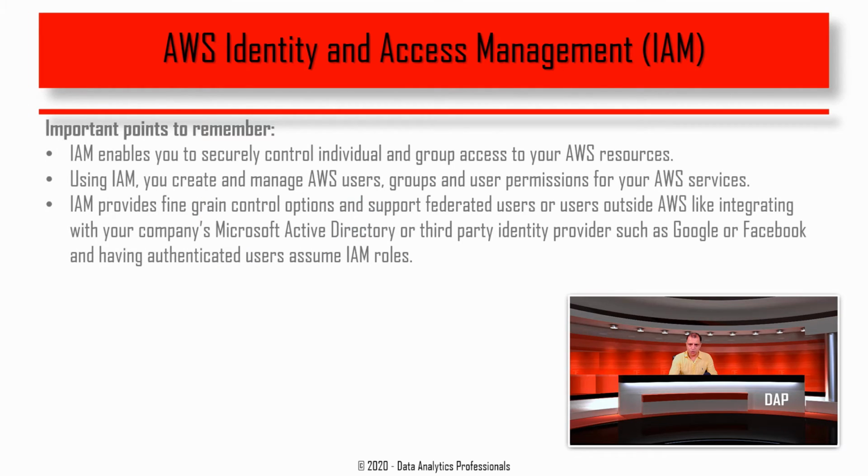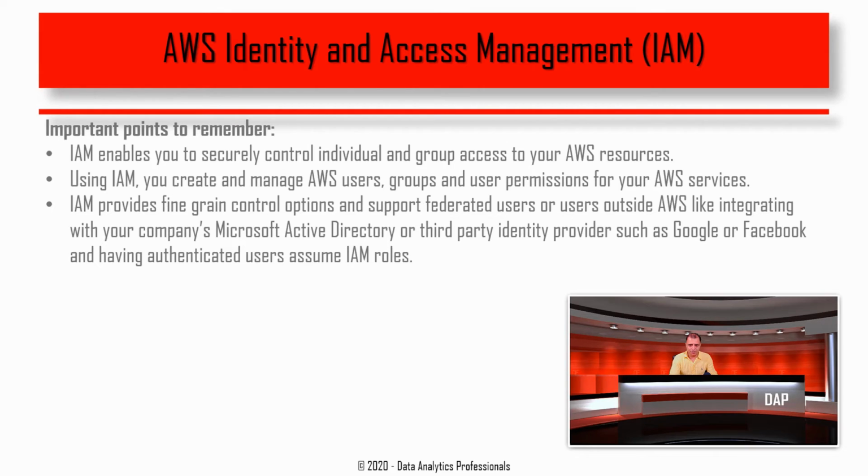Now, important points to remember: IAM enables you to securely control individual and group access to your AWS resources. Using IAM, you create and manage AWS users, groups, and user permissions for your AWS services.